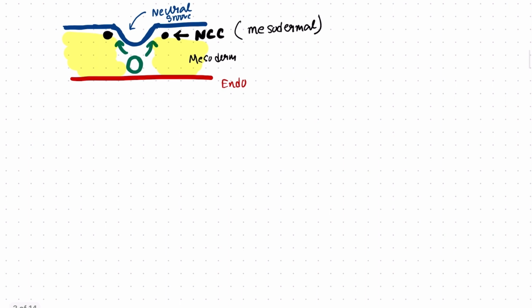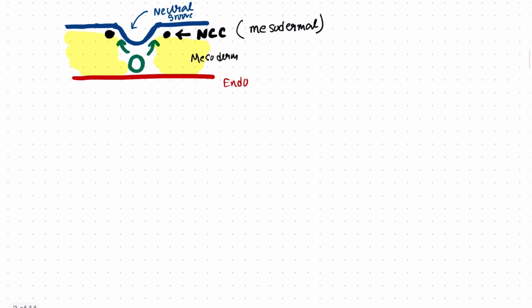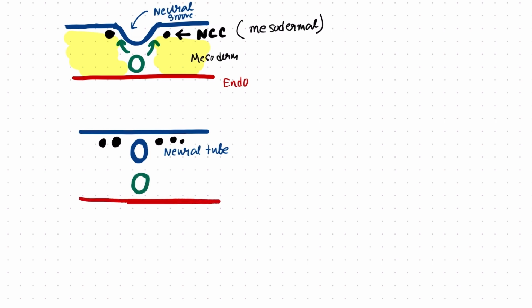Now we have ectoderm here, and our neural plate structure basically separates and goes inside. So this is called the neural tube. And we do have our neural crest cell structures. We have notochord here, and we have the endodermal structure here.